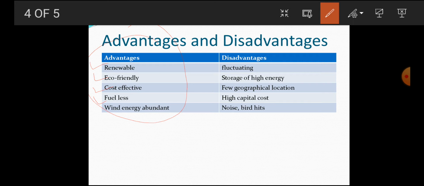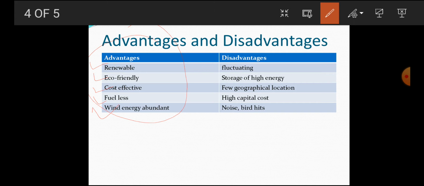Then fifth is wind availability in the large portion of the world. Wind blows for 320 days out of 365 days in a year, and thus this gives it an advantage over sunlight in direct conversion.